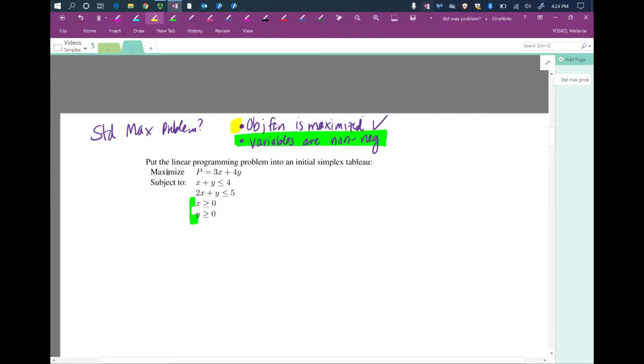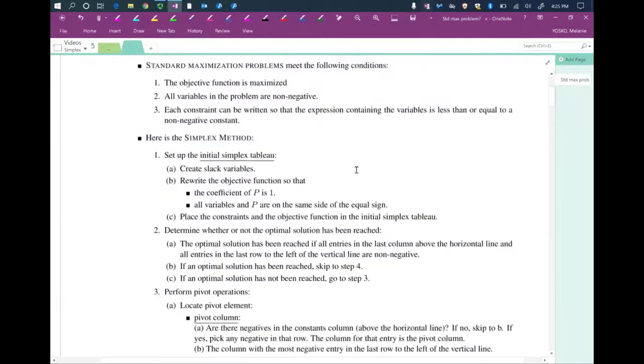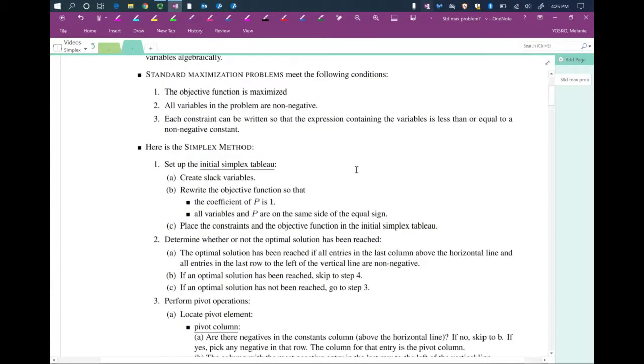So the objective function maximized is from right here. And then the third criteria was that each constraint could be written so that we had variable stuff, very technical term, variable stuff less than or equal to a non-negative constant. Right here.